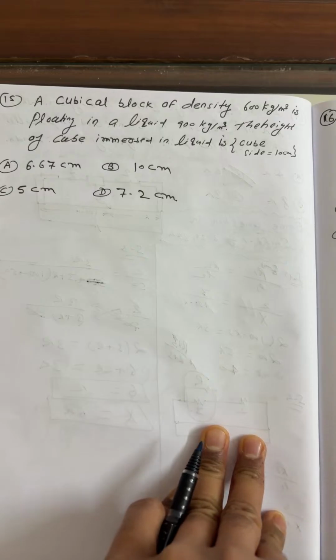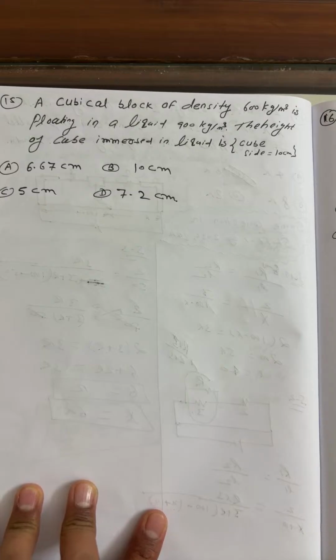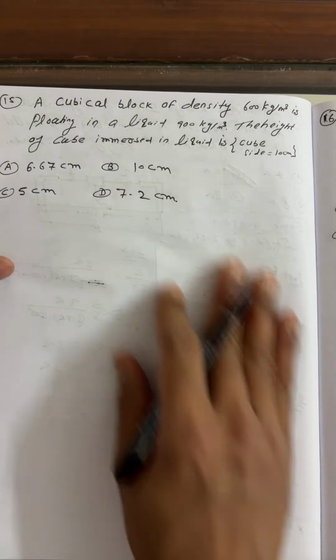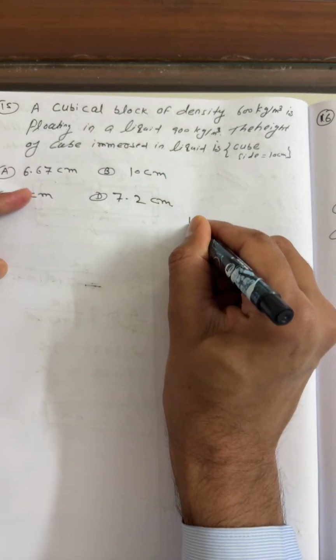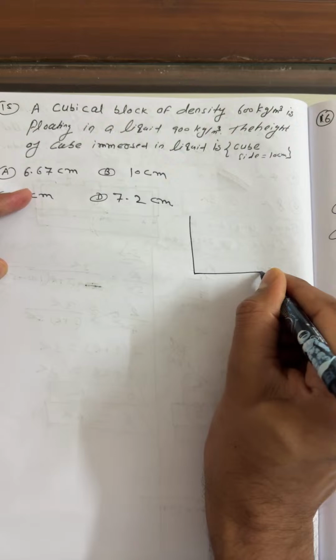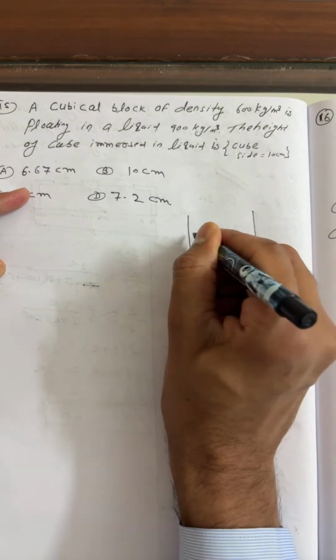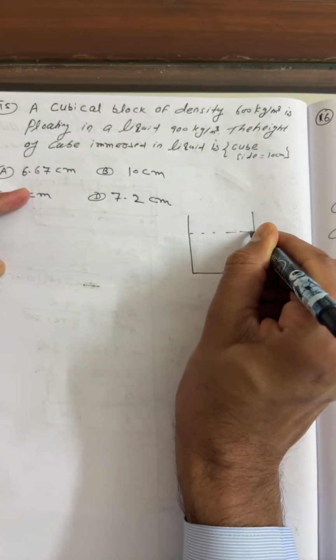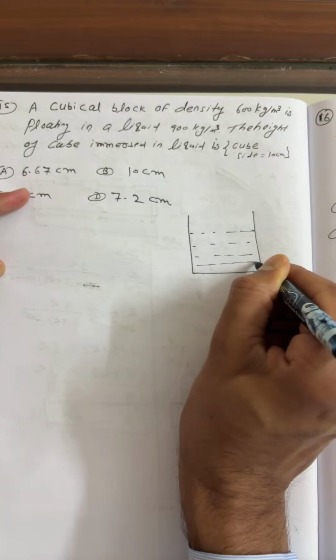So for this condition, what can we apply? It's a pretty easy question. Just take a cubical block like this. Physics is the language of FBD, my dear. So there is a floating cubical body.